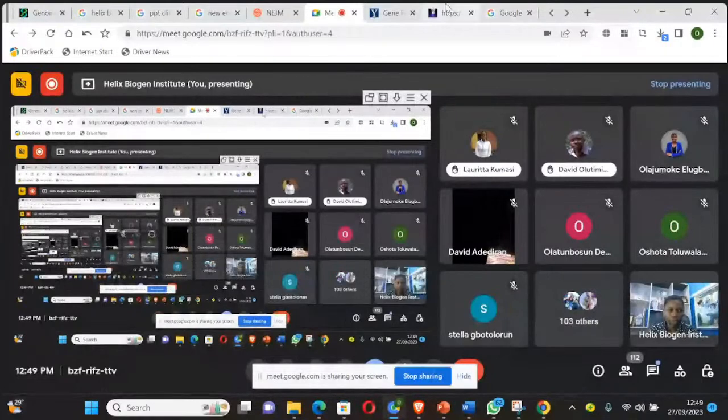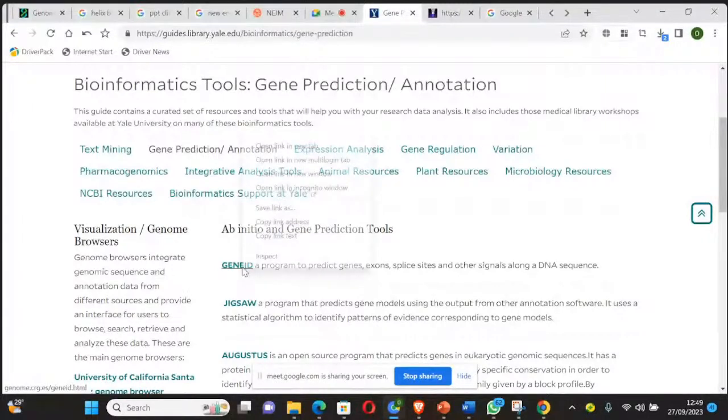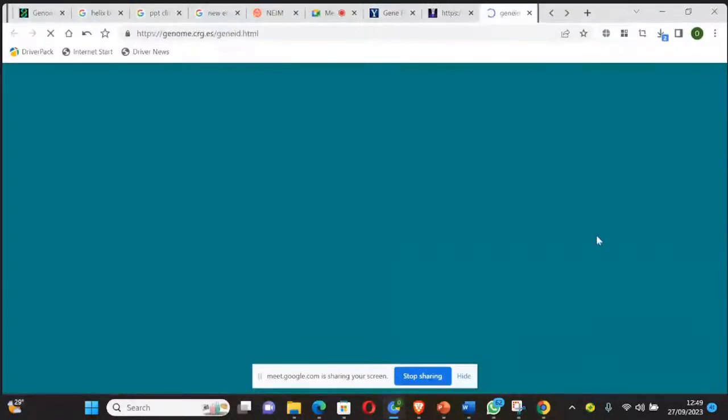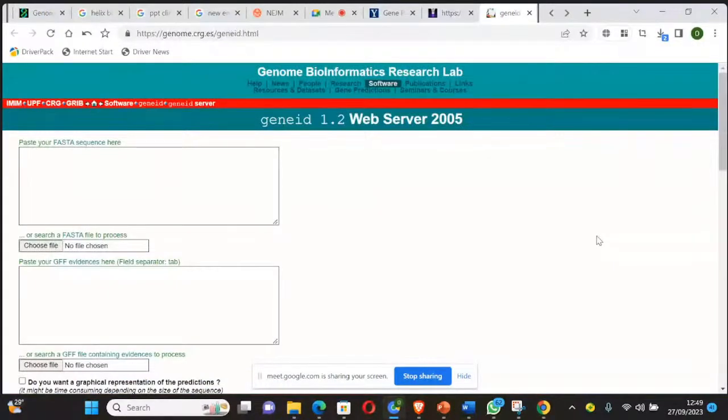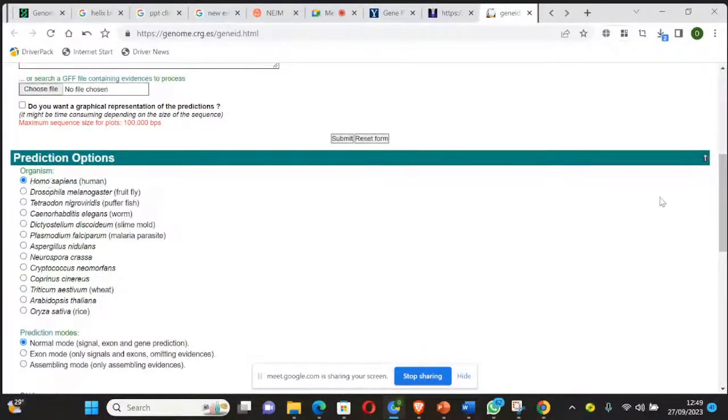Okay, sorry, I'm back. So I'm talking about gene prediction and annotation. Like when you sequence your human genome population, you have some genes whose function you cannot even know. If you go through a tool like GeneID, it shows you how you put your gene sequence here, then get evidence here, and it's for Homo sapiens.